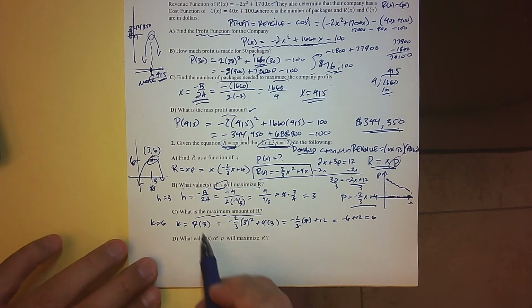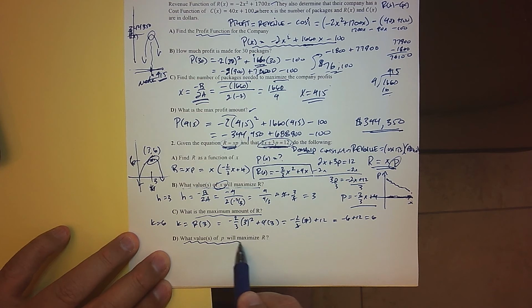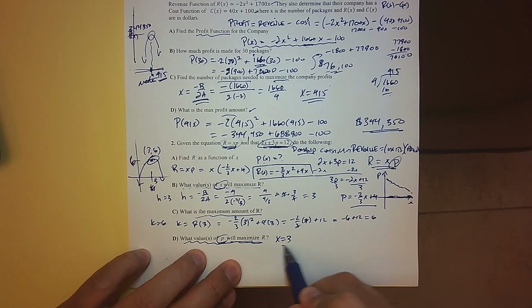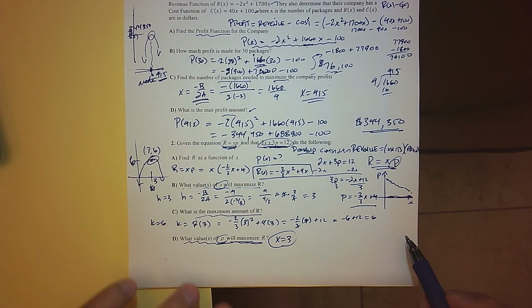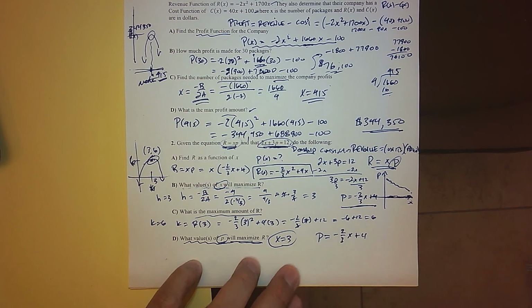Okay, and then one last question that we can also answer because of everything going on is we can actually figure out what is the price, right? What is P that will maximize that revenue? Well, we already know that's happening at x equals 3, right? That is the value of x that makes my revenue, the profit, or excuse me, the maximum. And right here we were told, or we found out, that P is negative 2/3 x plus 4.